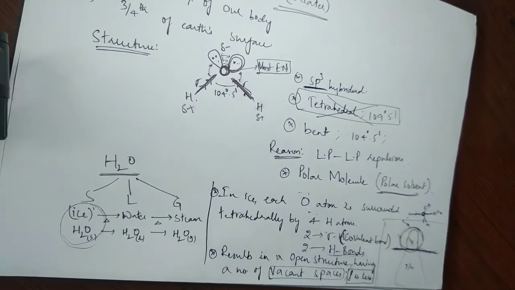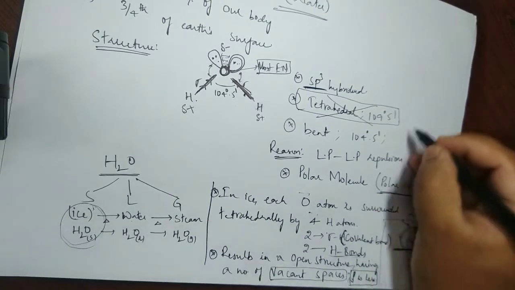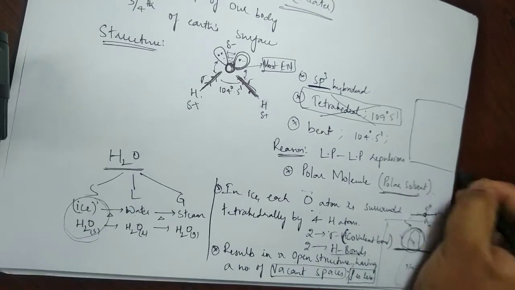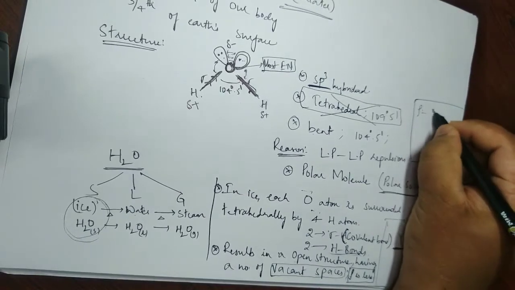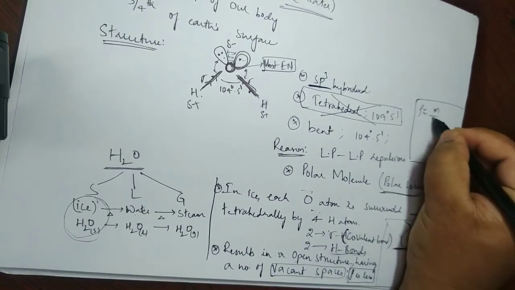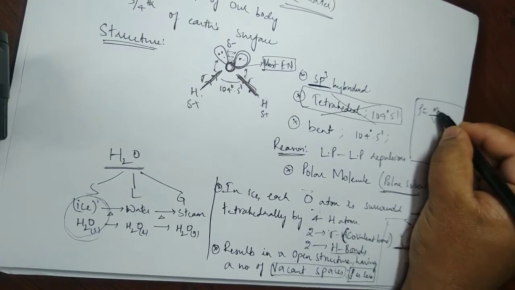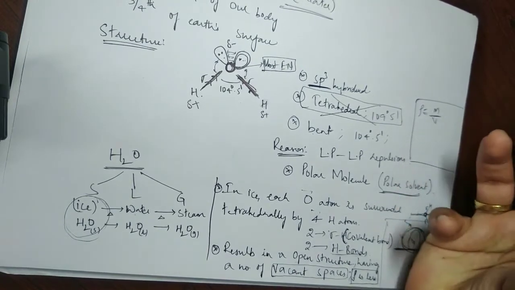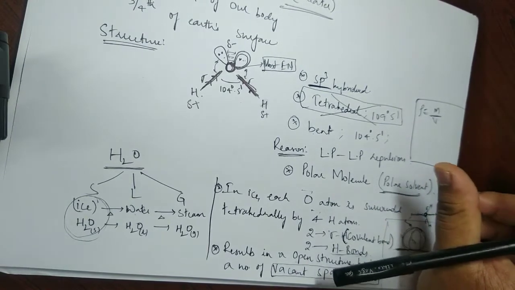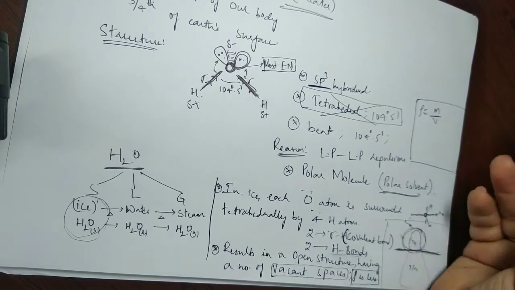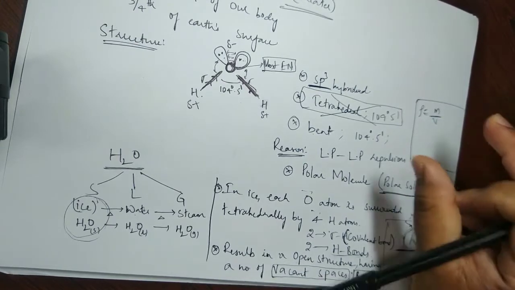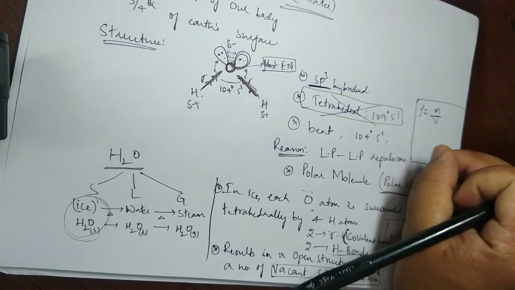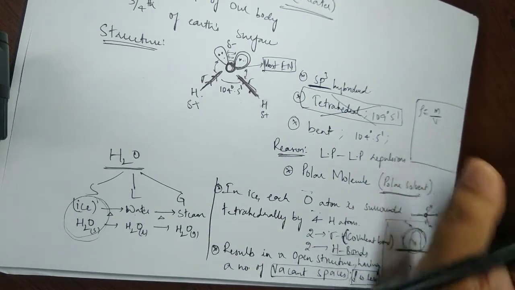Density is less. You know the density formula: density equals mass upon volume. Now here the mass remains the same. If you take one glass of water and convert it into ice, and then put that ice cube in the same water, it floats.